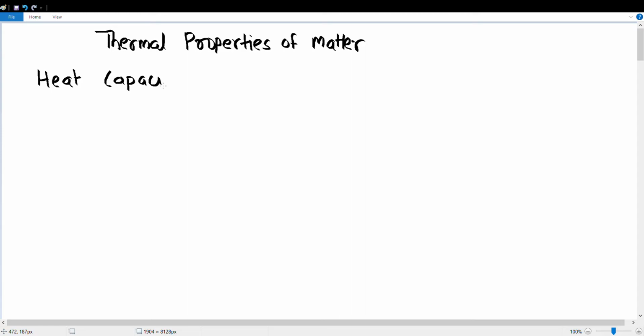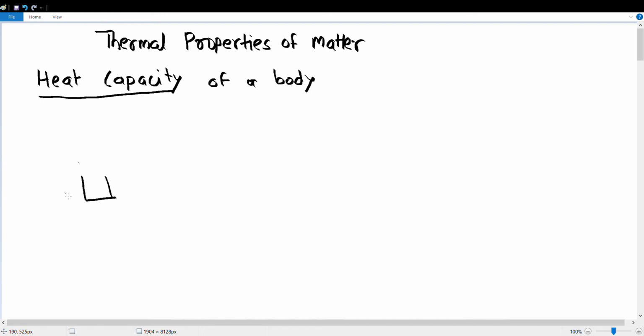First of all, let us see what is heat capacity of a body, heat capacity of a substance. For that purpose, let us consider we are having two pots.